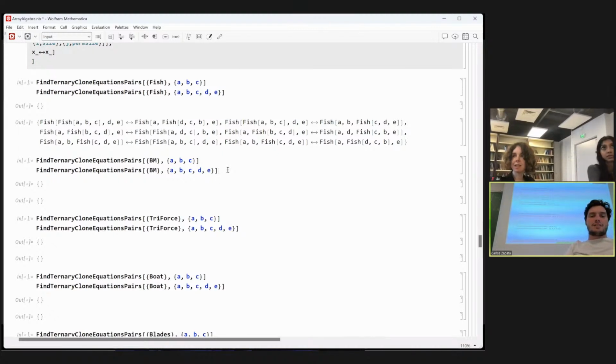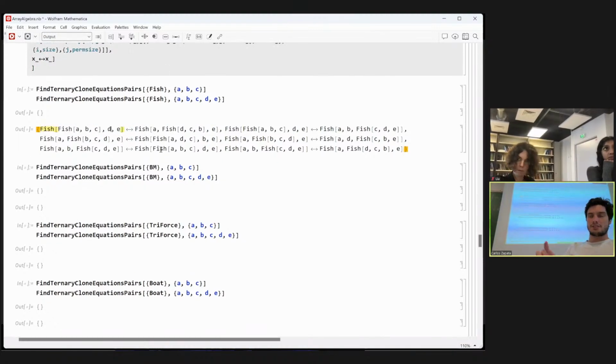The fact that there's already this tells you that these algebras have no 5-element term equations. This is already very shocking to me. Or shocking or mysterious, because it basically tells you that whenever you're doing array algebra, except for the case when you're doing fish, which, by the way, I explained on Monday, the way I understand that there is an axiom is because you can collapse the product into a matrix product.